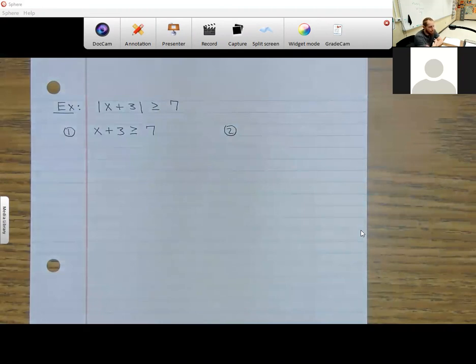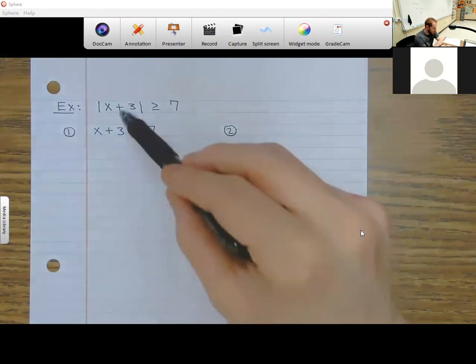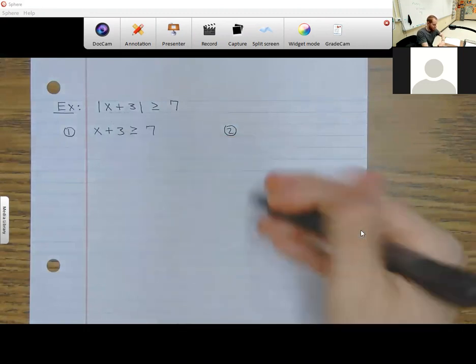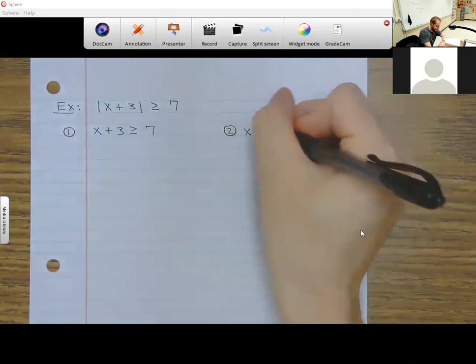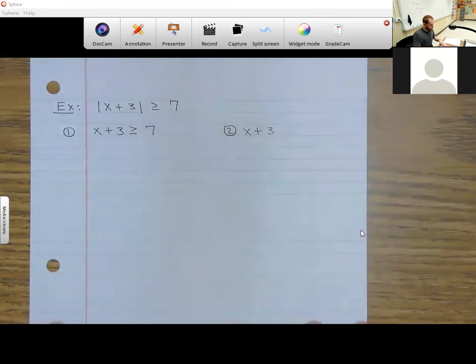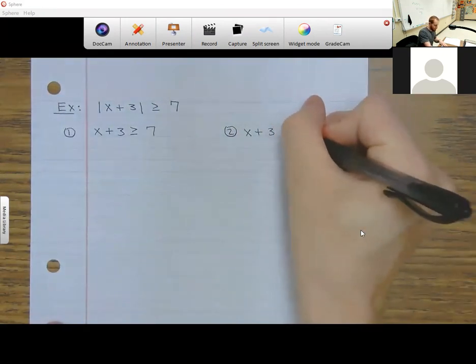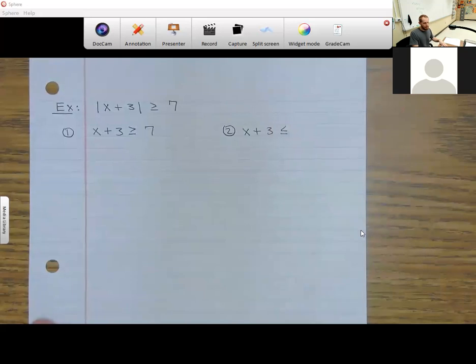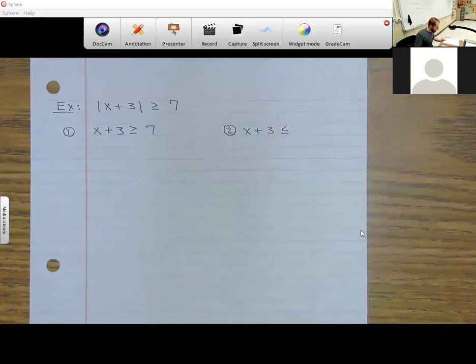And then for the second solution, things are going to start switching up. But the x plus 3 is going to stay the same. So x plus 3. And then I'm going to switch the inequality sign to less than or equal to. So the inequality sign is going to flip. And the 7 is not going to be positive anymore. It's going to be a -7 now.